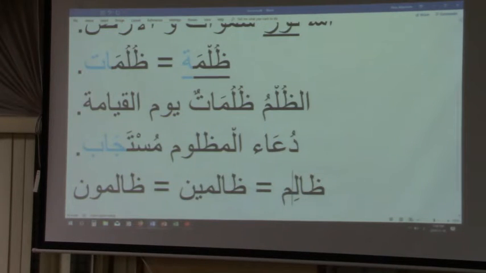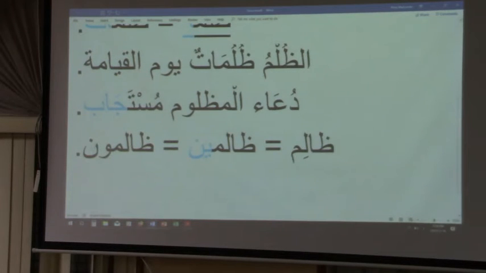Zalimin is the plural, oppressors. Good. One minute here. Zalimun, we said un is a sign of plural. So we have zalim, zalimin, zalimun. Zalima, plural zalimat.